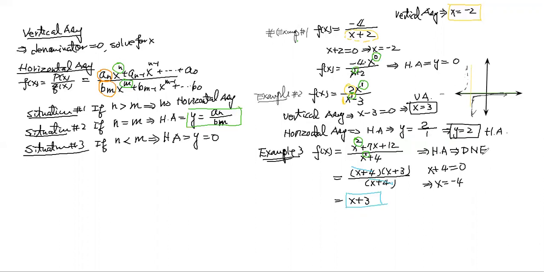But no, it is not, all right? Because when you cancel that out, your function becomes x plus 3. So like in here, it's still undefined, right? But this undefined is not undefined from the asymptote point because they can cancel that out.